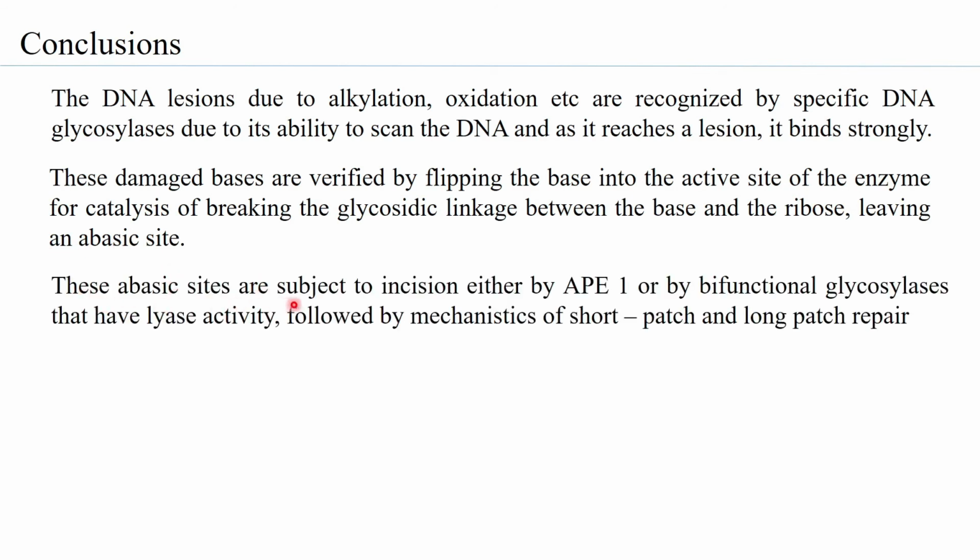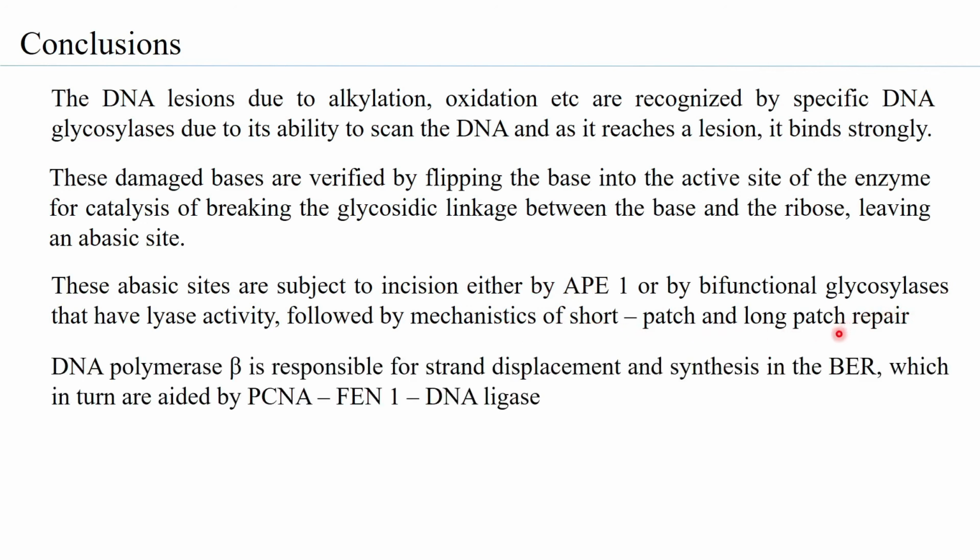These abasic sites are then subject to incision either by APE1 or, if the glycosylase also has a lyase activity, then through the lyase activity, it will carry out the incision at the abasic site. And these are then followed by mechanistics of either short patch BER or long patch BER.